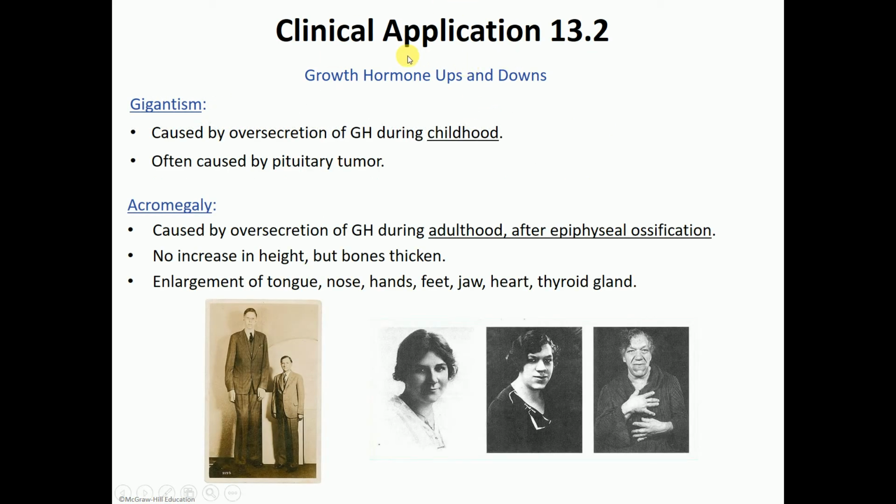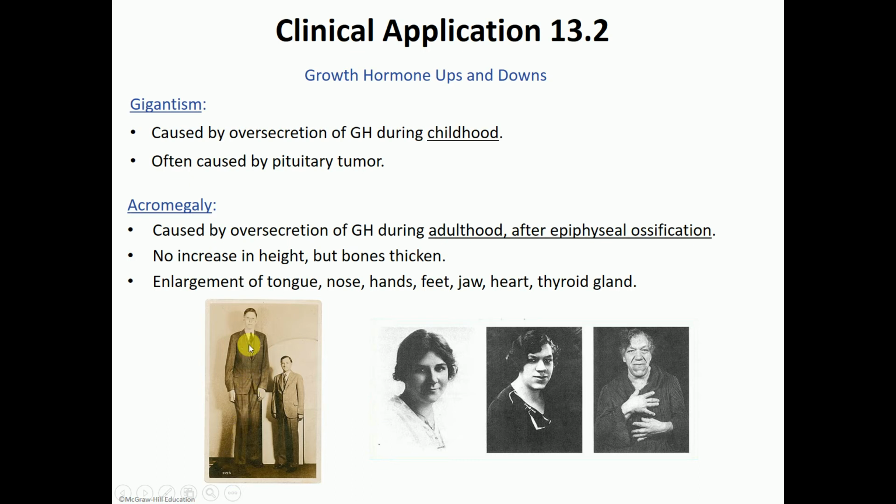Now, the increase of growth hormone can lead to either gigantism or acromegaly, and that depends on when the oversecretion of growth hormone happened. If oversecretion occurred during childhood, before the growth plates, or epiphyseal plates, in the long bones have totally ossified, that means these bones still have the ability to get taller. Okay, this is usually caused by a pituitary tumor.